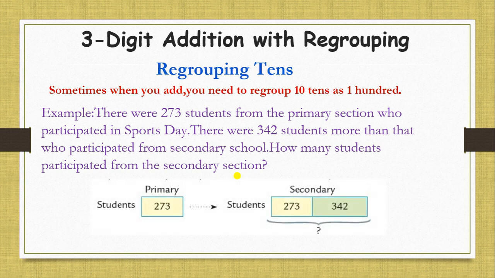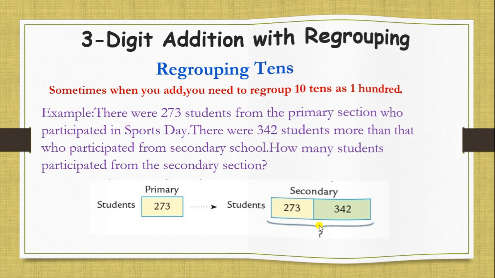So here there were 273 students from the primary section and 342 students more than 273 in the secondary section. So from this diagram, we get that to find the total number of students from the secondary section, we need to add these two numbers. So let's add these two numbers and see the steps which we have to follow.